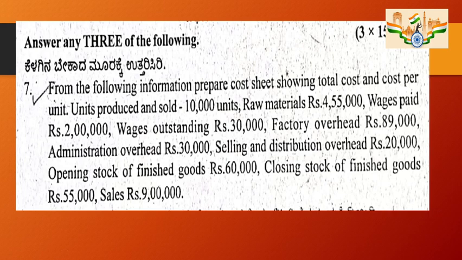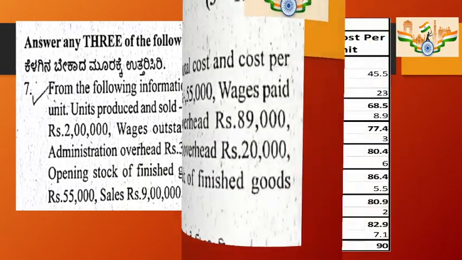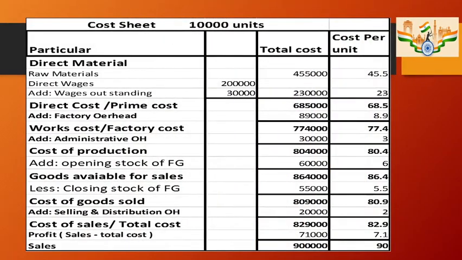So very simple problem. You all are aware how to prepare the cost sheet. You have learned in your BCOM 5th semester also, as well as in BCOM 6th also. So now let's move to solution. Okay, cost sheet for 10,000 units. So first, you have to make a format with particulars, total cost and cost per unit, because they ask the total cost as well as cost per unit.